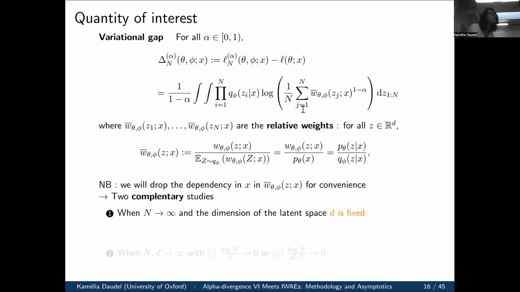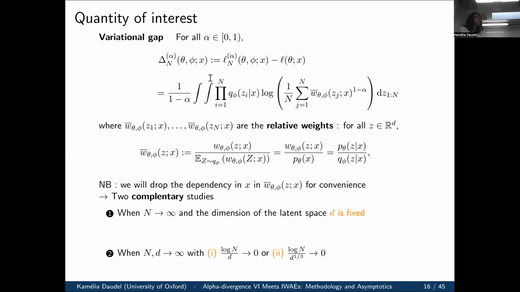The first one: my variational gap depends on N, so I'm going to look at what happens when N goes to infinity, keeping for now the dimension D of Z fixed. I want to know, does it play a role to increase N, and is that role impacted by alpha? That's going to be my first question.